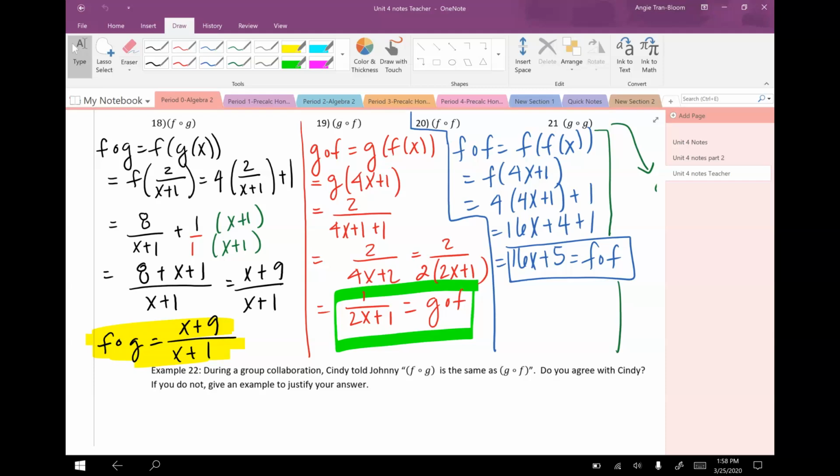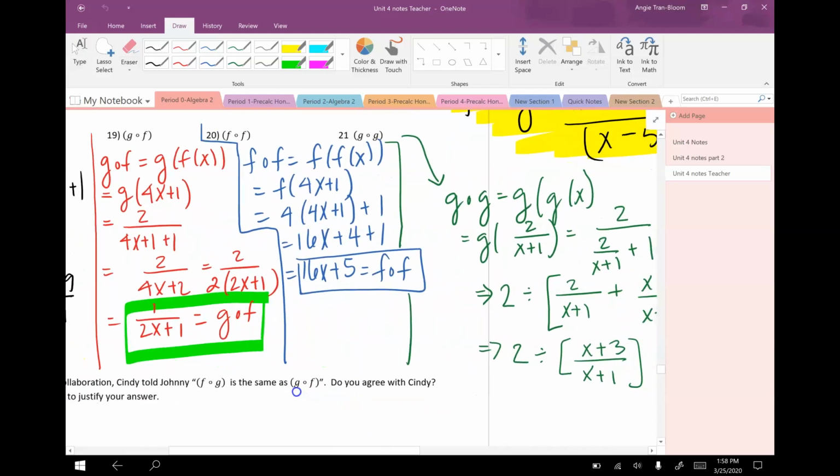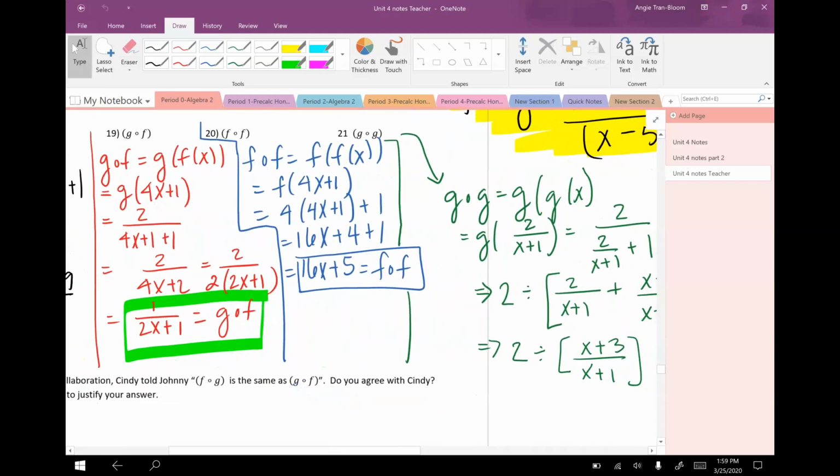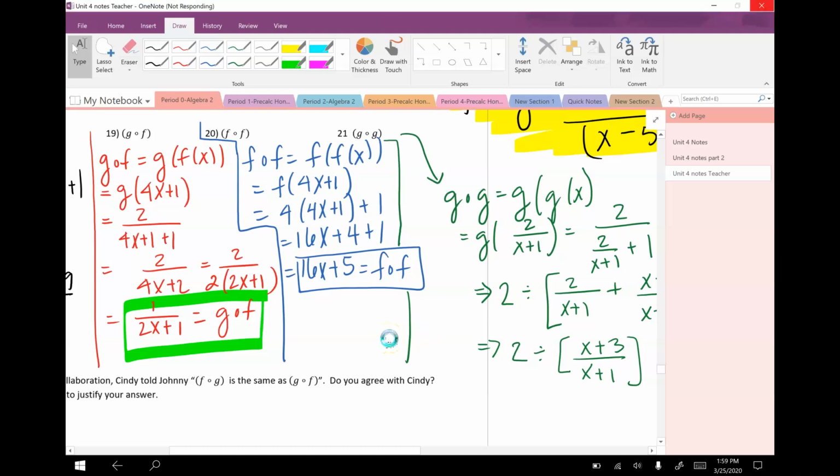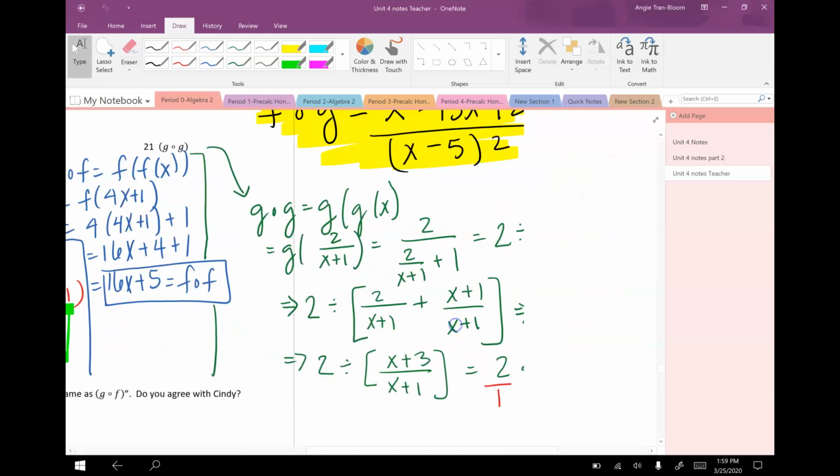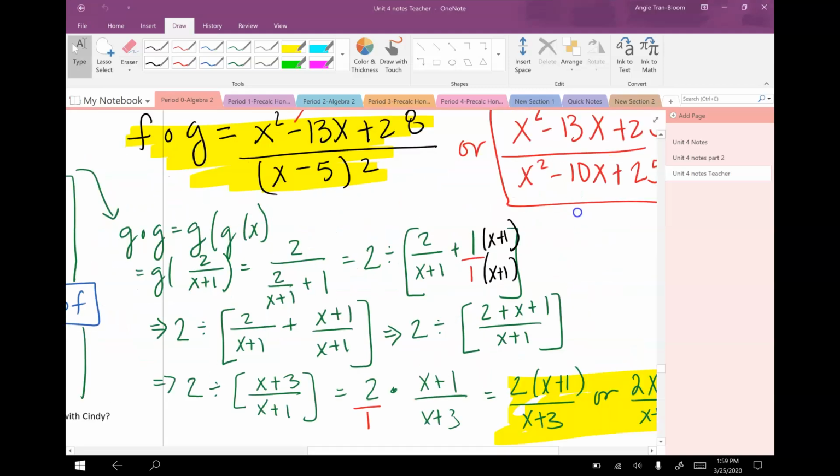So 18, 19, 20, and 21. I'm just going to move it all the way to the right. Okay, there you go.